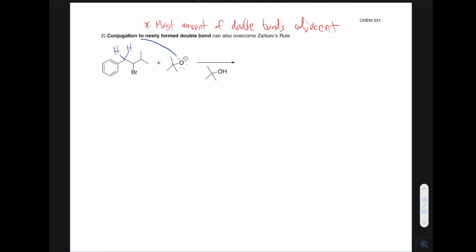And so we would take that hydrogen, and we'd kick off that bromine here, and we would now have our more conjugated alkene, our major product.